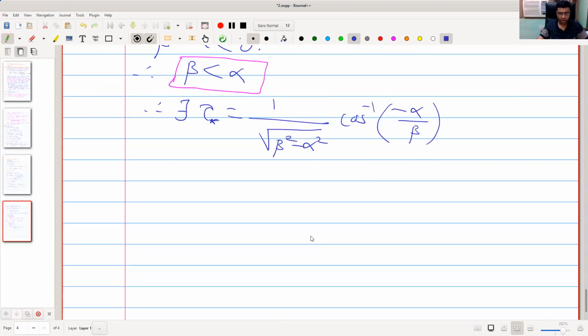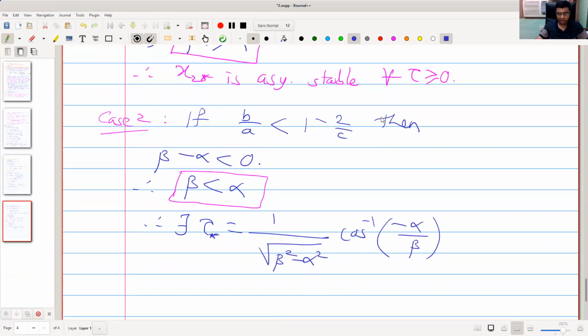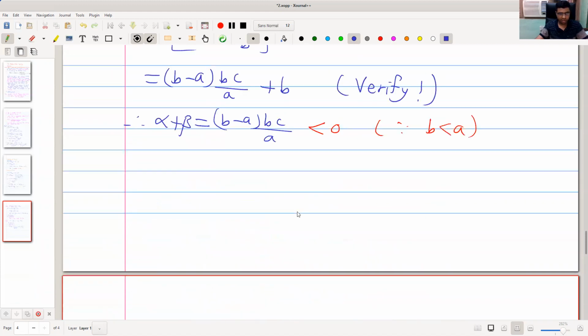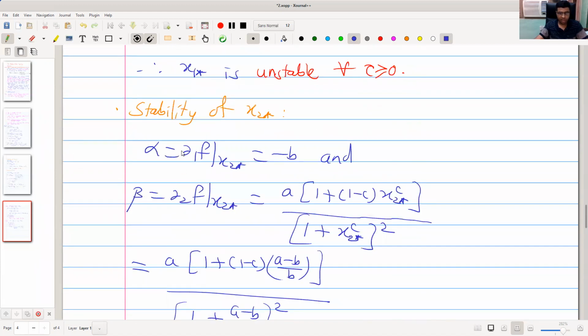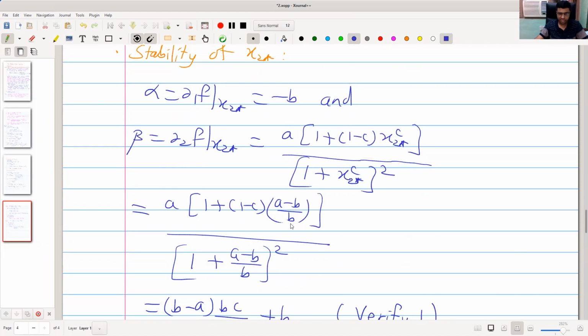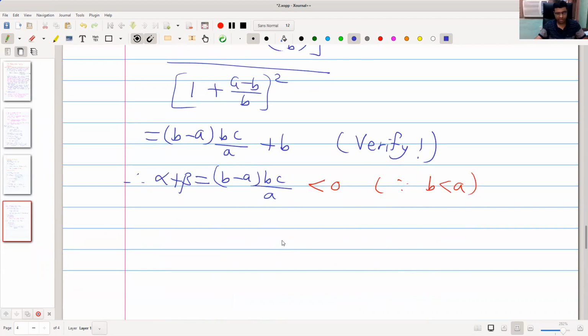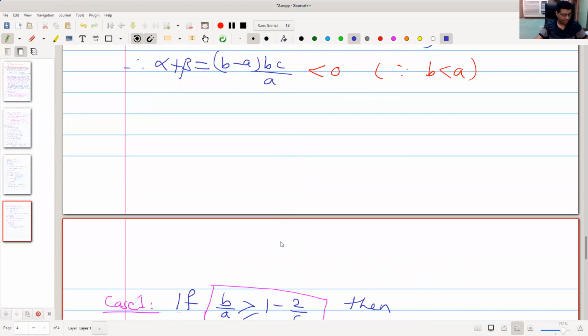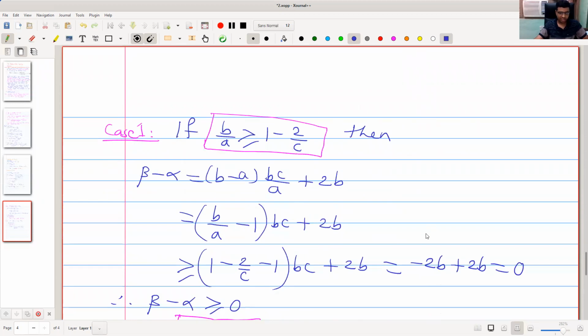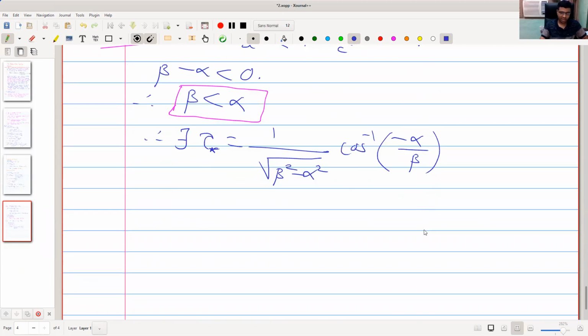And now we substitute all these values, beta and alpha here. Alpha is minus b, beta is this one. So we substitute and simplify. And finally you can verify that this is as required.